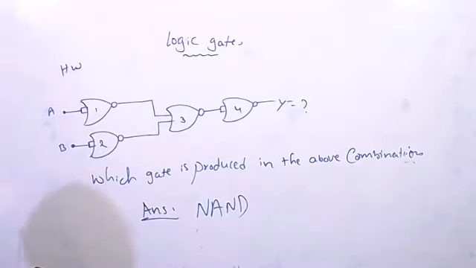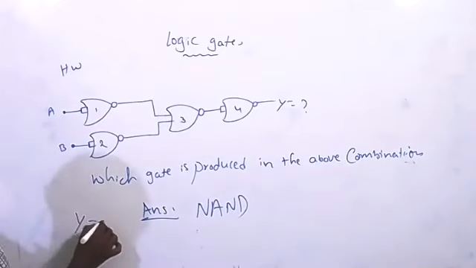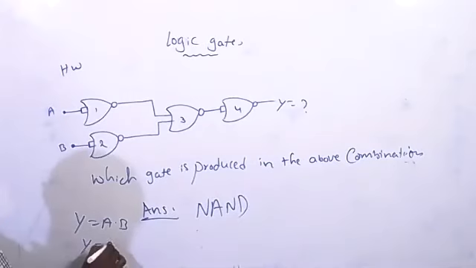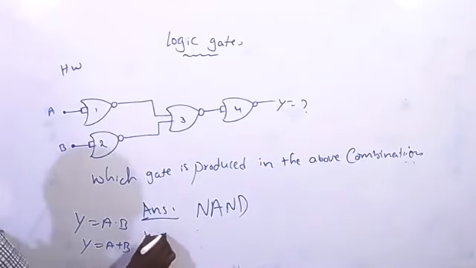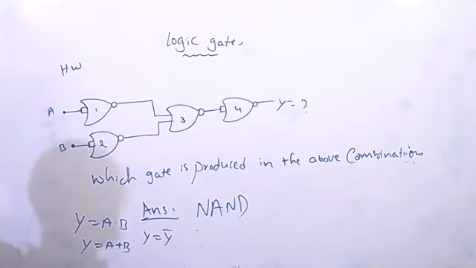So when we are writing like y is equal to AB, y is equal to A plus B, and y is equal to y dash, so like that we are writing, no? So these are called Boolean equations. Remember that.